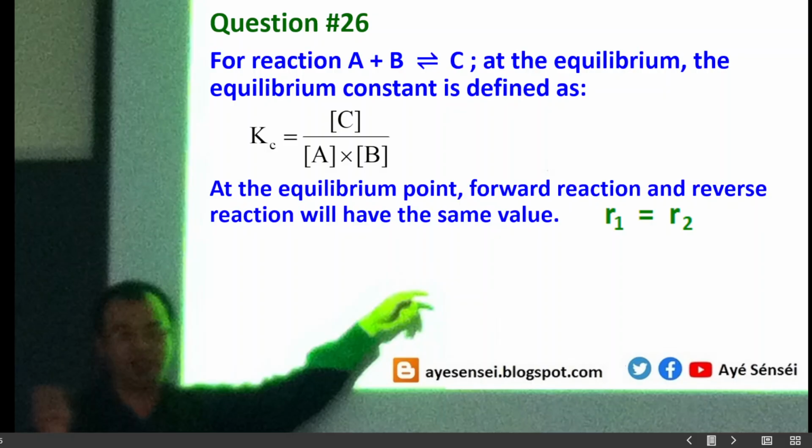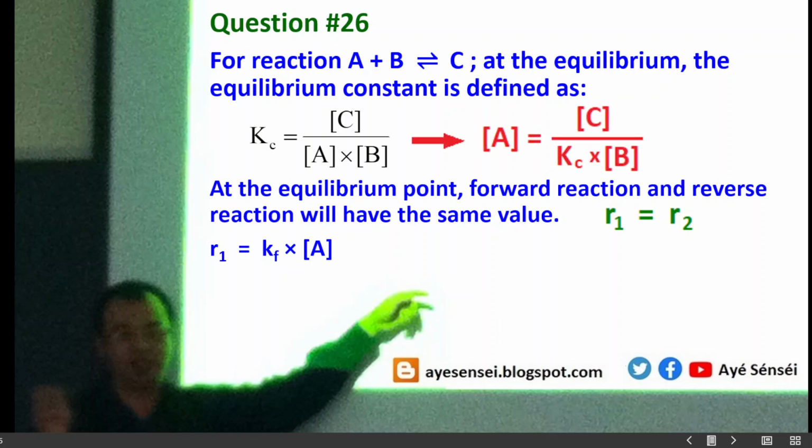It is stated that the rate of the forward reaction is given by this correlation: Kf times concentration of A. And then we need to derive the rate of the reverse reaction. Next, we need to rearrange the subject of the formula here.